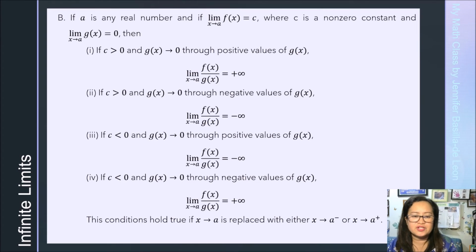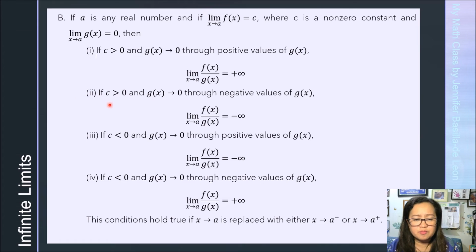First possibility, if c is greater than 0, and g of x approaches 0 through positive values of g of x, then the limit of f of x divided by g of x as x approaches a is positive infinity.